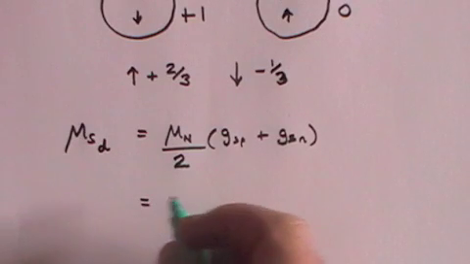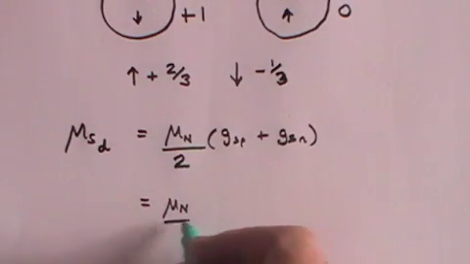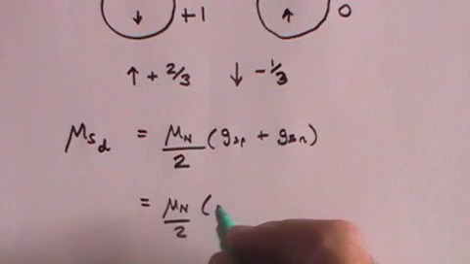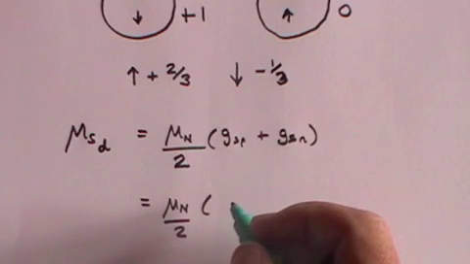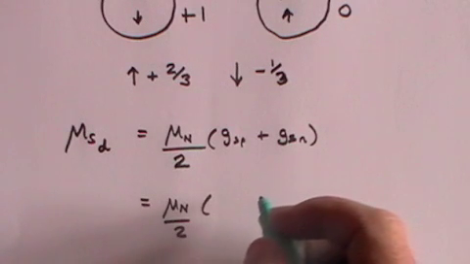And that comes to the nuclear magneton divided by 2 into the two values I gave you before, which were for the proton 5.585691, for the neutron -3.826084. And if you add those two together, it's essentially 5.58 minus 3.82.